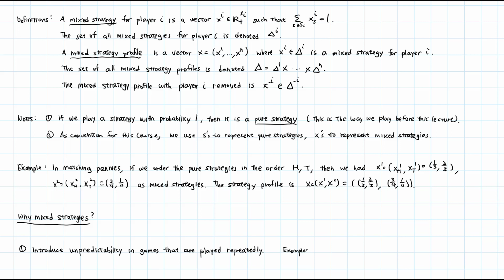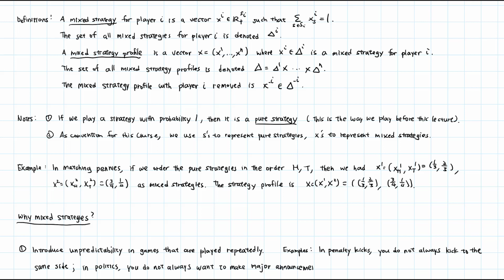For example, in sports, you want to be unpredictable in the way you play. Like in a penalty kick situation, you do not always want to kick to the same side. Or, in politics, you do not always want to make major announcements on Tuesdays. Then the opposition can preempt you by making their announcements on the Monday.